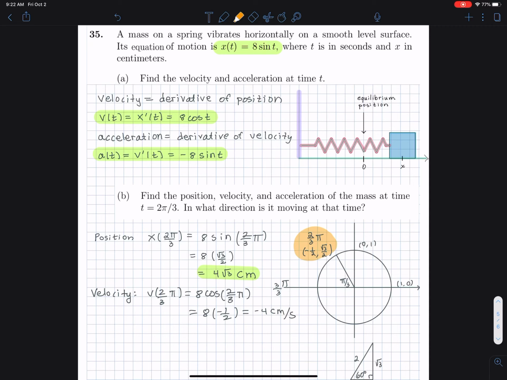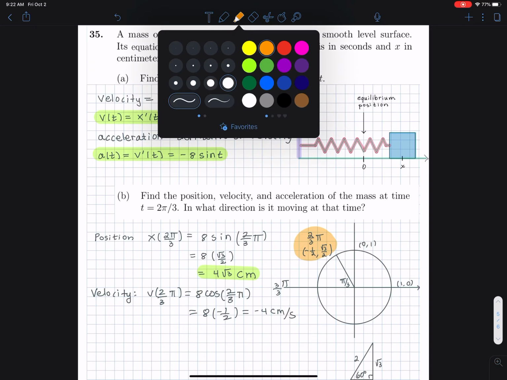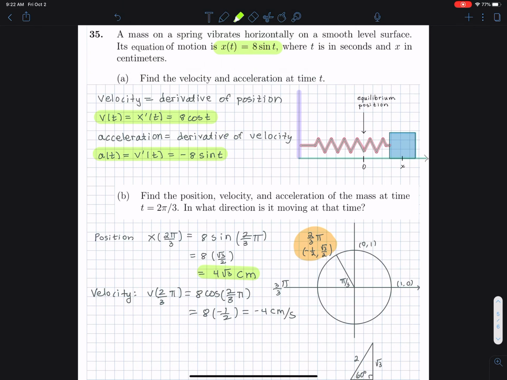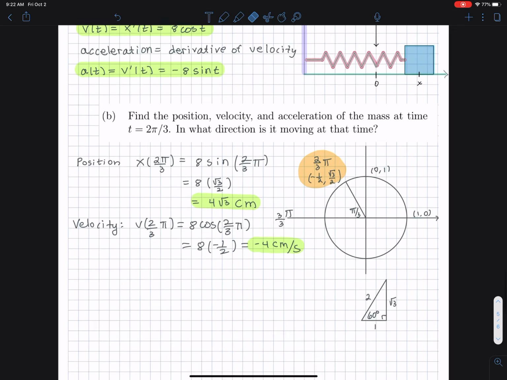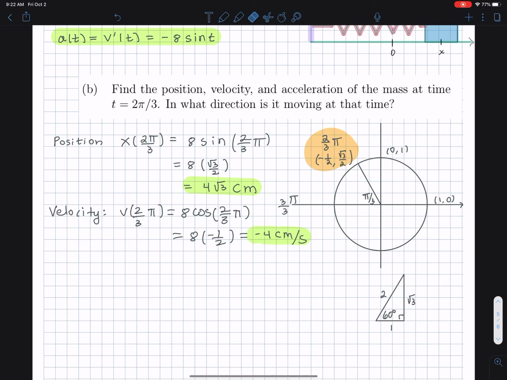Now on our model here, the positive direction is moving towards the right. So to the right is the positive direction, to the left is the negative direction, just like what we always have with the horizontal number line. All right, and then acceleration.